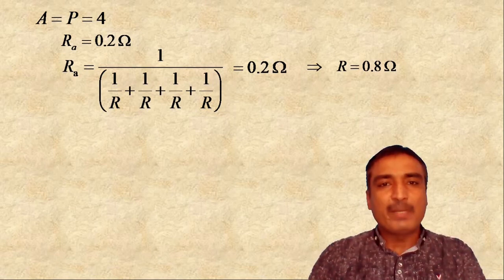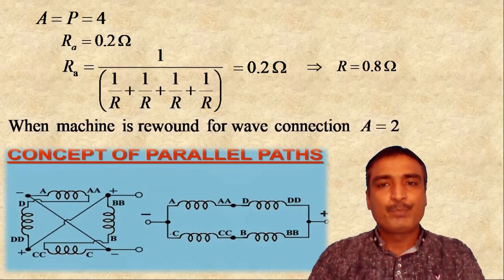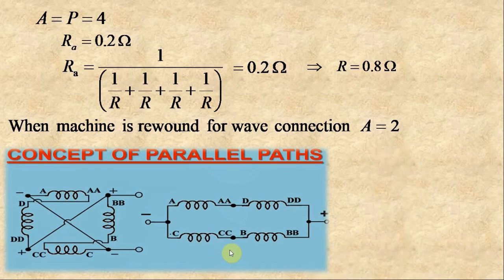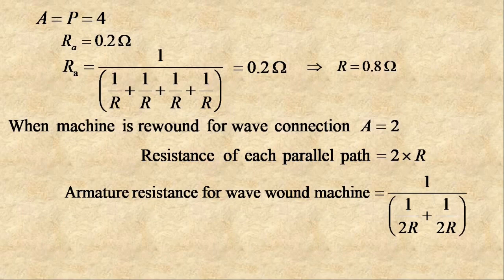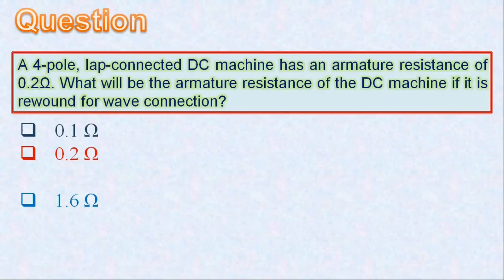Now, when the machine is rewound for wave connection, the number of parallel paths will be only 2. In this case, the resistance of each parallel path will be equal to 2R. Therefore, we may calculate the armature resistance for the wave wound machine equal to 0.8 ohm. Hence, the third option is the correct answer.